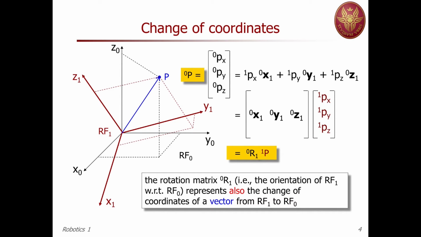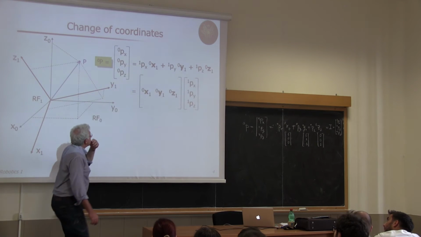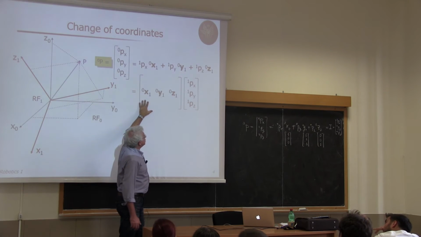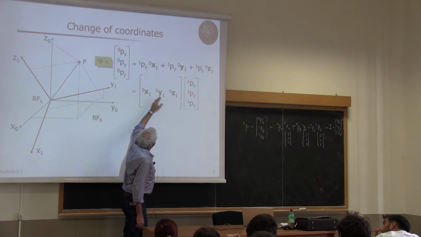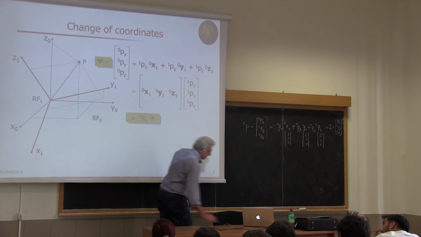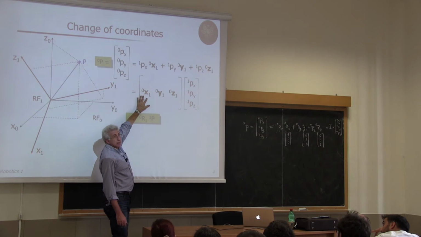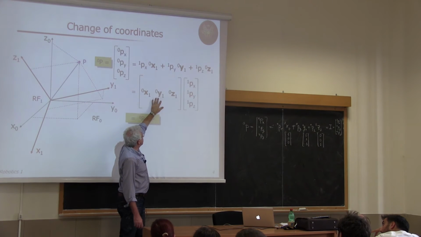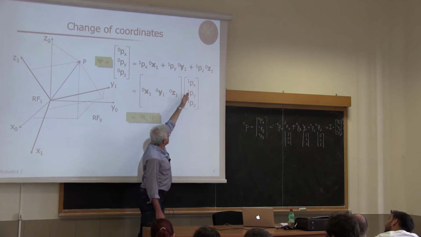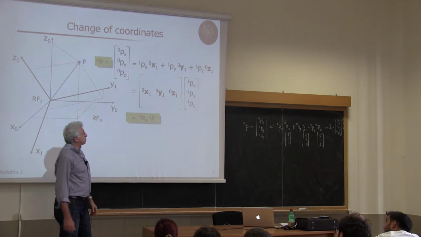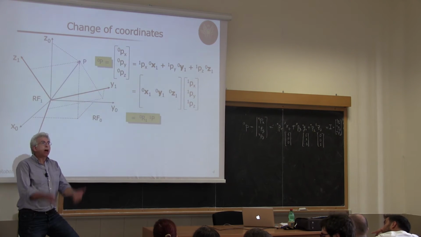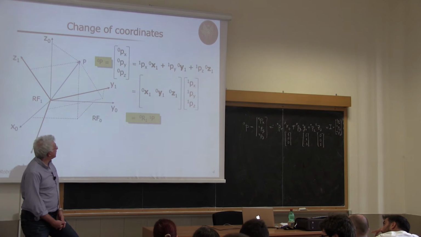So what you need to do is obtain some representation of the orientation of frame 1 with respect to frame 0. So you write R01, which is characterized by the unit vector x1 projected on frame 0, unit vector y1 projected on frame 0, and so on. And then the 3 numbers that result from this will be the coordinates of the same vector, px, py, pz, now expressed in frame 1.